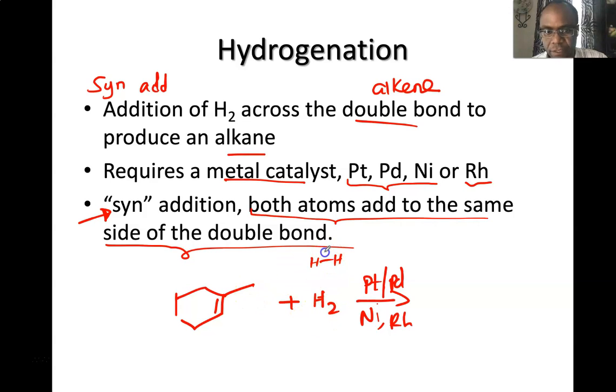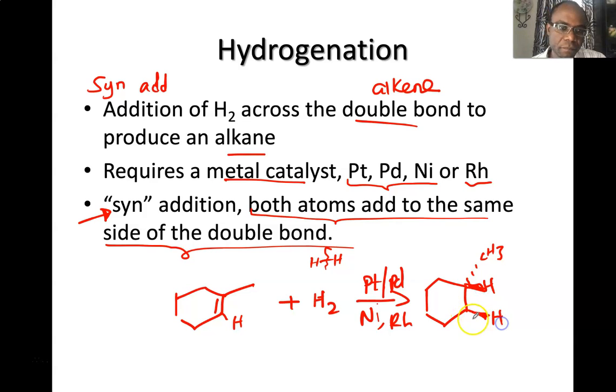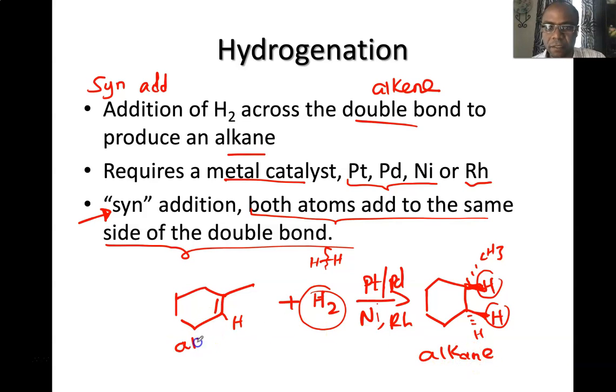Anyway, this bond will be cut and you're gonna add the hydrogens across the double bond. So you will have the metal flashed up and the two hydrogens that you added on the same side. Of course, there's another hydrogen here pre-existing. So this H2 is that and that. You killed the double bond, so you end up with a cyclic alkane where you started with a cyclic alkene.